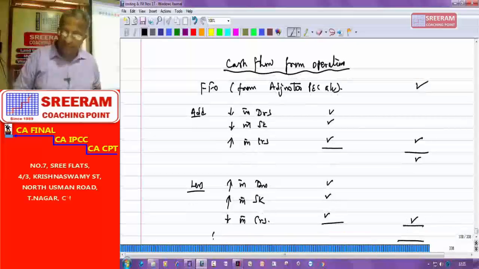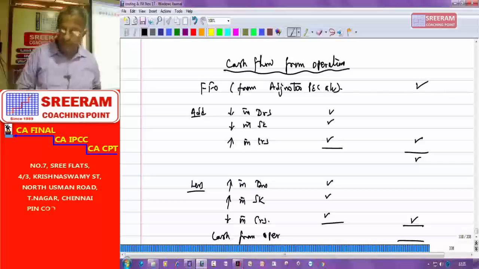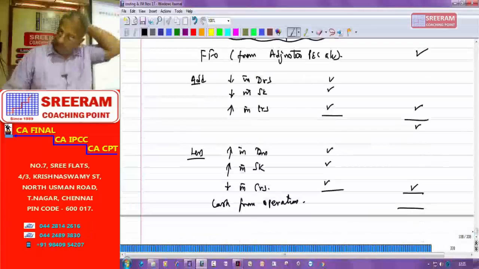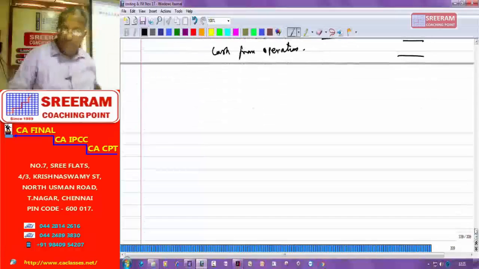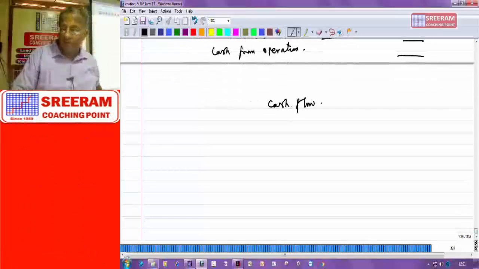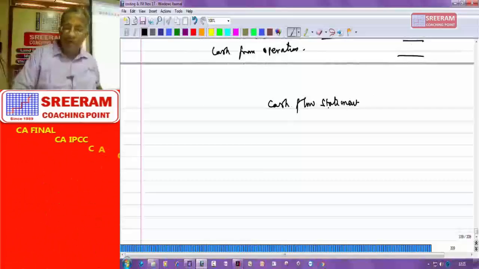This is cash from operations. Correct? Next one is the cash flow statement for internal purposes.